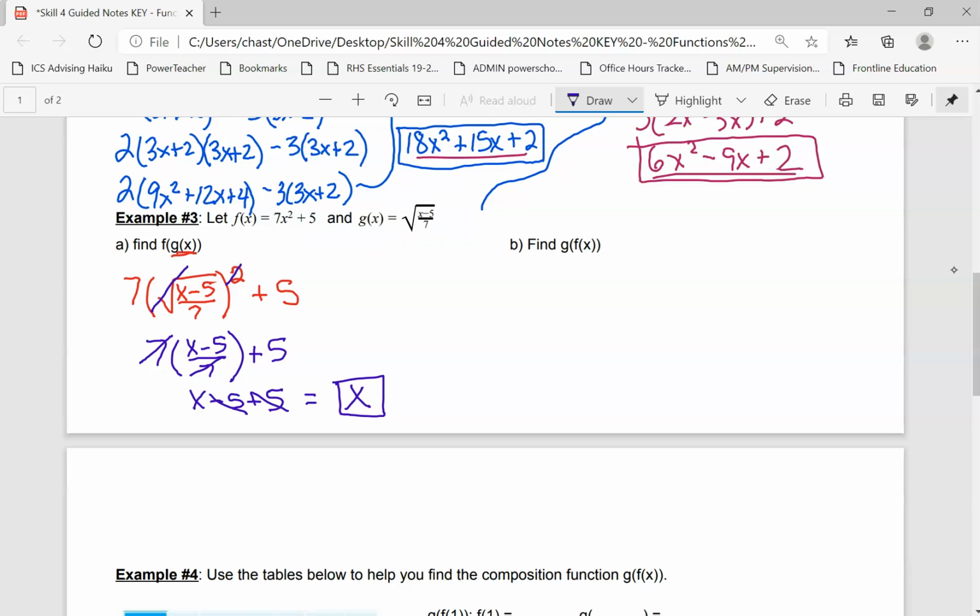Now, if I reverse this and I go g of f of x, that means I'm plugging in this f of x into the variable for g of x. So that means I would be doing the square root of 7x squared plus 5 minus 5, all over 7.